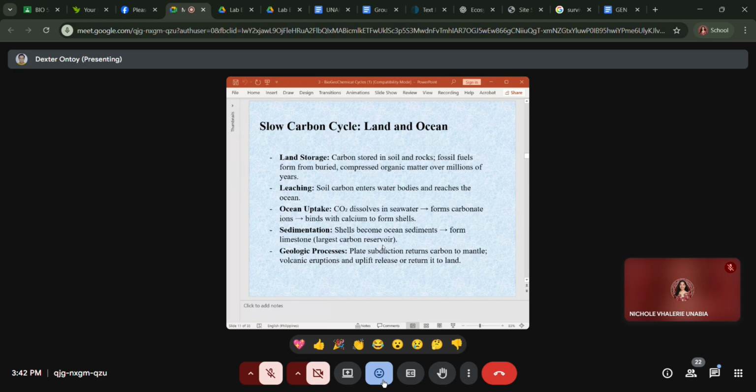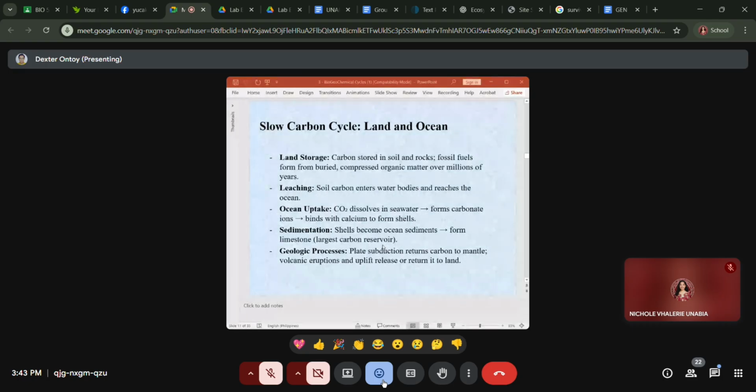Cebu, for example, as an island, is a karst island and mainly made up of limestones. So Cebu contains carbon that can basically be considered as a part of the largest carbon reservoir.